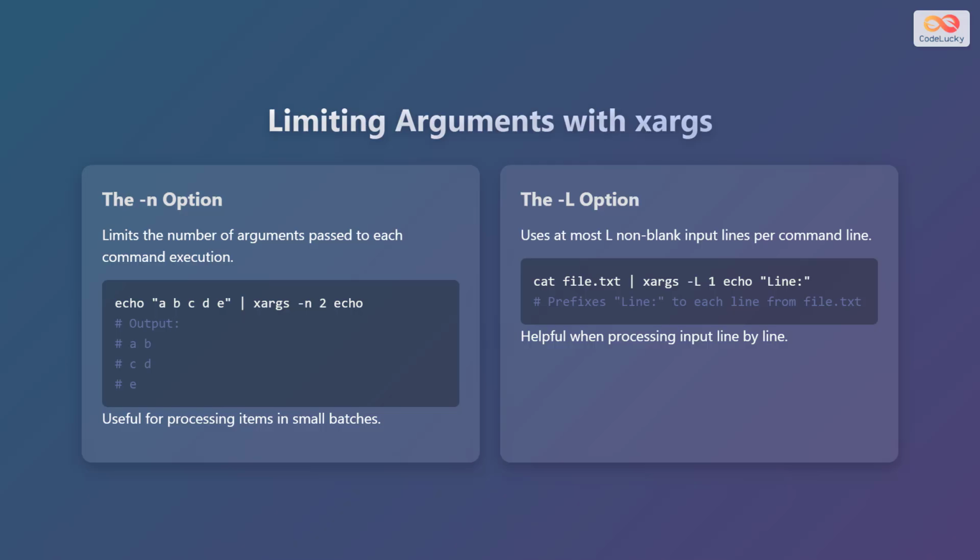This is particularly useful for processing items in small batches. The -l option, on the other hand, uses at most L non-blank input lines per command line. For instance, if you have cat file.txt | xargs -l1 echo "line:", it will prefix the word "line:" to each line from file.txt. This option is helpful when processing input line by line.